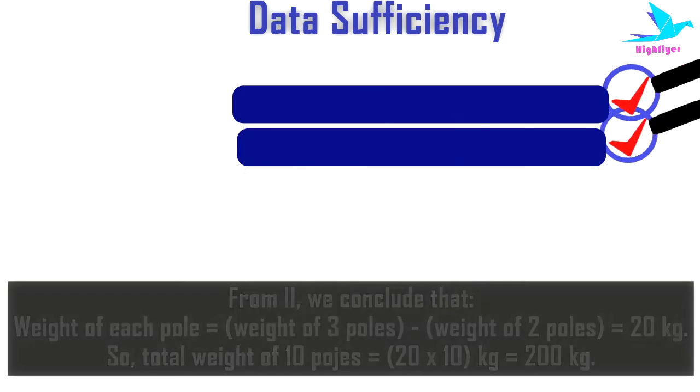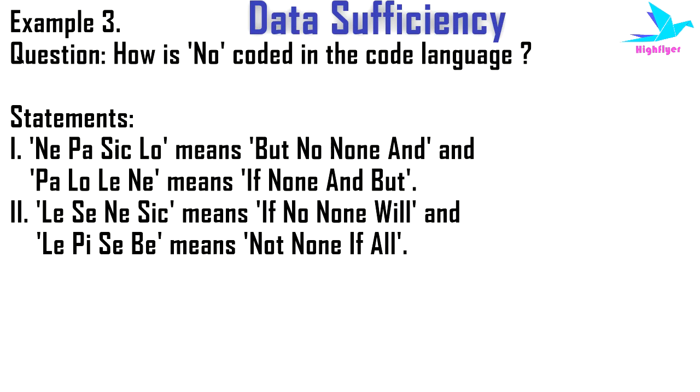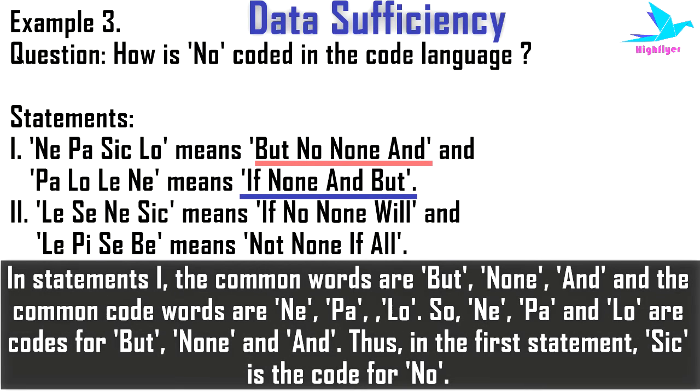Next example. Here the question is, how is no coded in the code language? The first statement is, Napa Siklo means but, no, none, and Palo Lene means if, none and but. Now if we compare both the phrases, then there is only one word which is different.